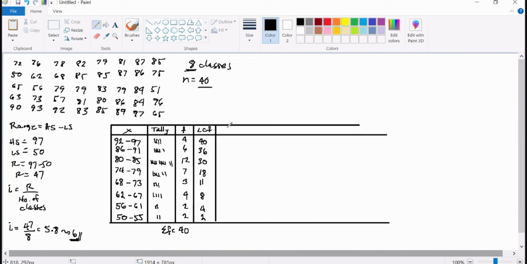So the next part here is your boundaries, okay? You have your lower boundary and your upper boundary.